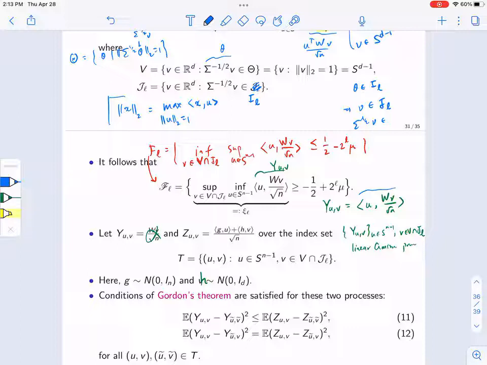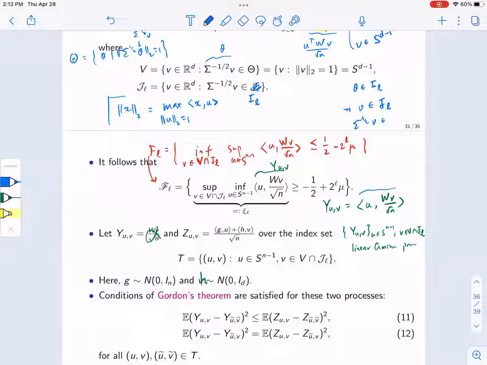Can I say that Y_UV is Gaussian? Is it a valid statement? For a fixed U and V, why is it Gaussian? It's a linear combination.